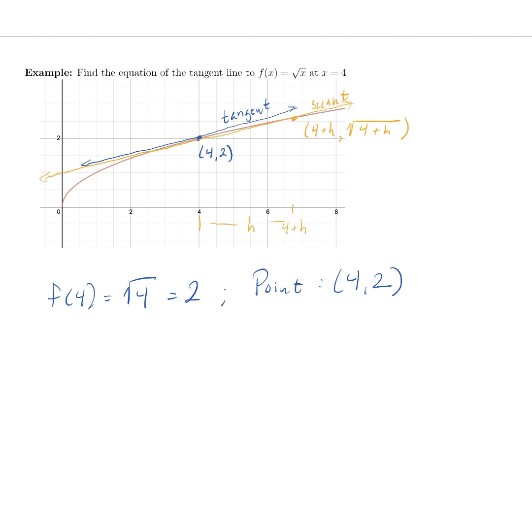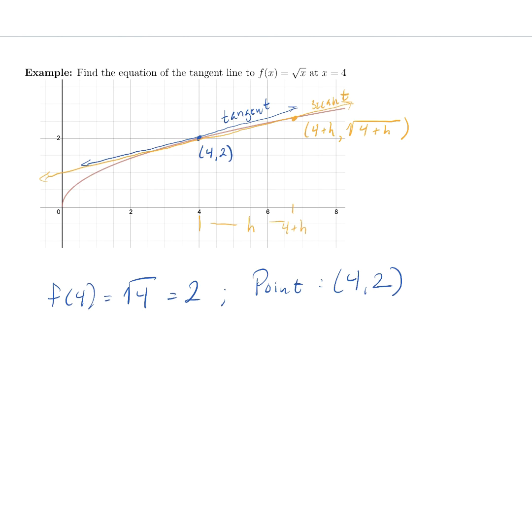Okay, so first thing I did is I evaluated the function at 4. I got 2, and I know the point that I'm working from then is the point (4, 2). I sketched the tangent line in blue, and I drew a secant line in orange. But instead of moving over to a point (x, f of x), I moved over to a point 4 plus h, and then the output of the function at 4 plus h.